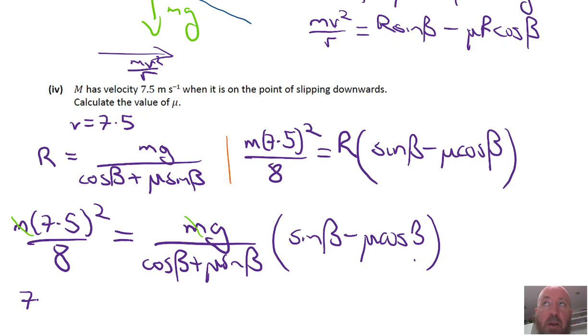So that gives us 7.03125 over g equals the quantity sine beta minus mu cos beta over cos beta plus mu sine beta.